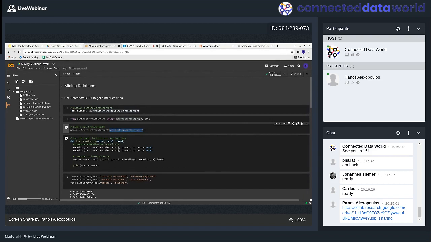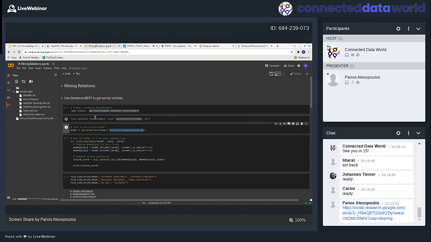So if you have the sentences, I don't know, Athens is the capital of Greece and Athens is not the capital of Greece, then in a natural language inference task these two sentences should be identified as contradicting.